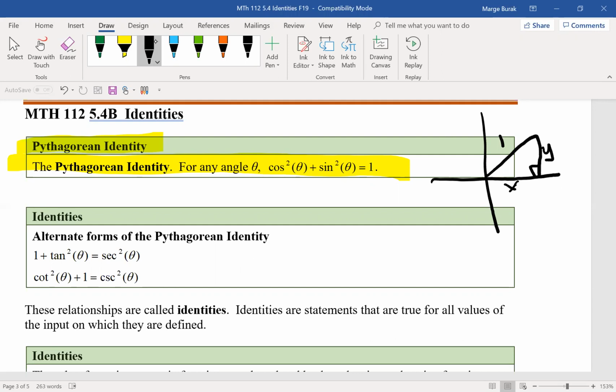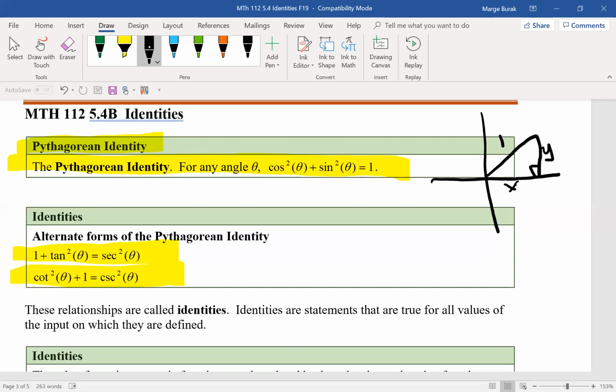We can use this identity to get algebraic forms, one which uses the tangent and one which uses the cotangent. And I will use these as necessary to solve equations. So you can move these around.